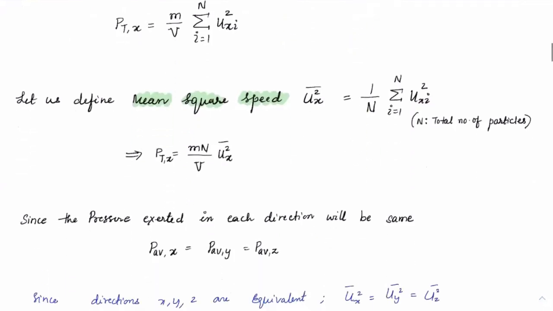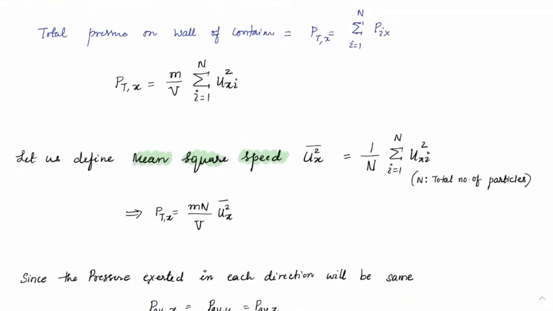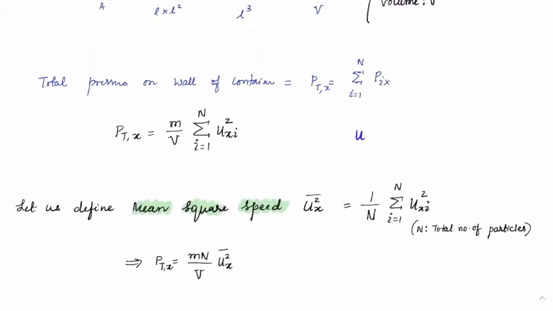Can you repeat mean square speed? By definition, mean square means ux² in x direction. If there are n number of particles moving, then that would be u1² plus u2² plus u3² and so on up to un², all of that divided by the n number of particles we have.